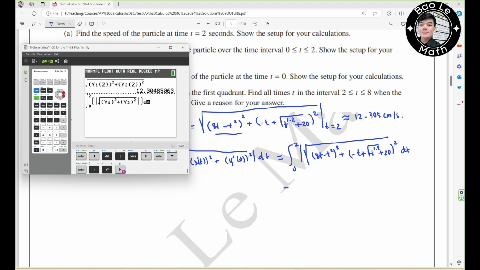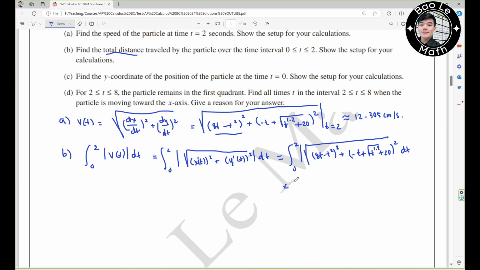Go outside, dx, so put x right here and hit enter. The answer must be around 15.902. So it's going to be 15.902 centimeters.